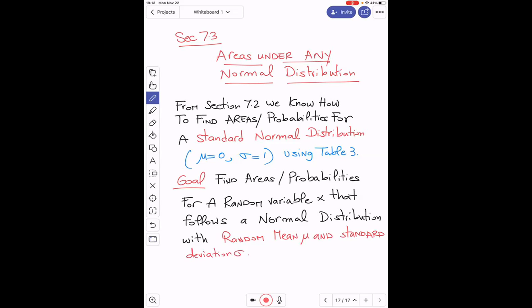The mean mu and the standard deviation sigma don't have to be equal to 0 and 1, like in the standard normal distribution.